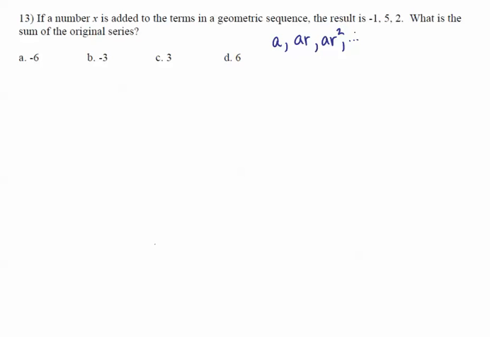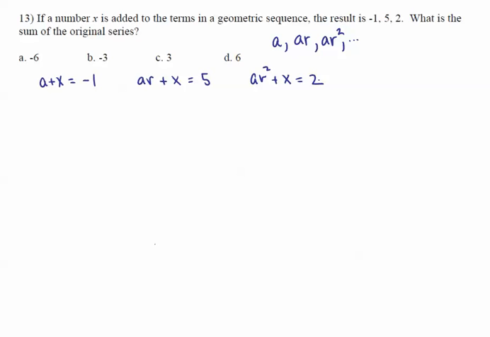Now if x is added to each of those terms, we're going to get the results -1, 5, and 2 respectively. And so we would have a plus x equal to -1, then ar plus x is equal to 5, and finally ar squared plus x would be equal to 2.